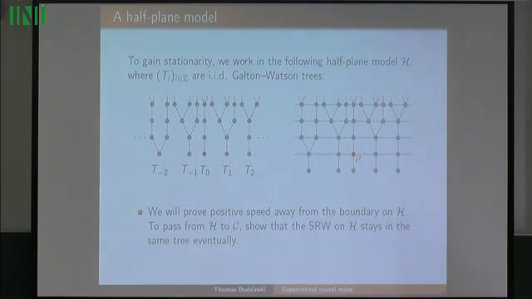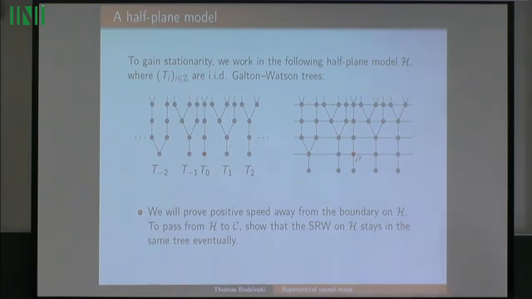I'm not exactly going to work on my model built from one tree. I'm going to focus on a model with a bit more stationarity or translation invariance properties, which is the following. Instead of starting from a single tree, I start from an infinite forest of IID Galton-Watson trees. And by infinite, I mean infinitely many trees, both on the left and on the right.